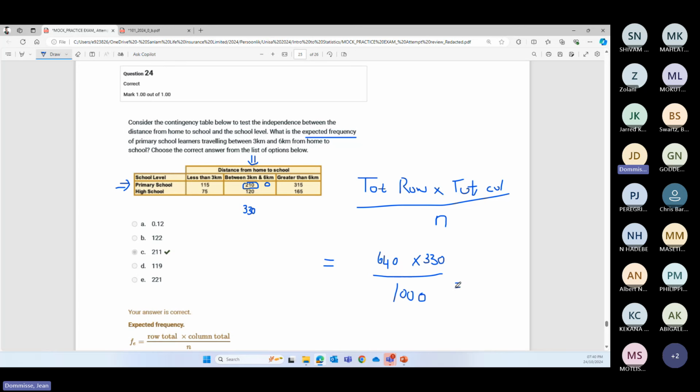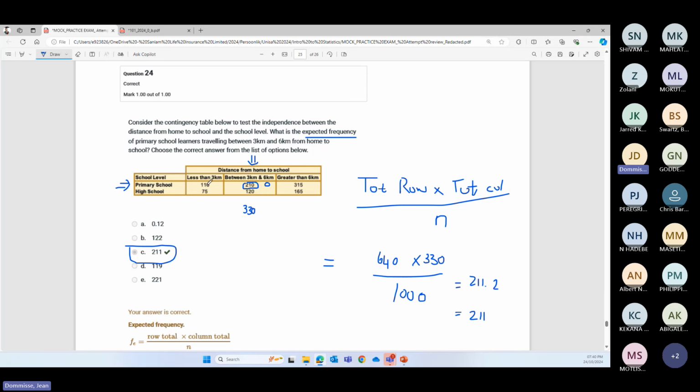So 640 times 350 divided by 1,000 is 211.2. If we round it off, it's 211.